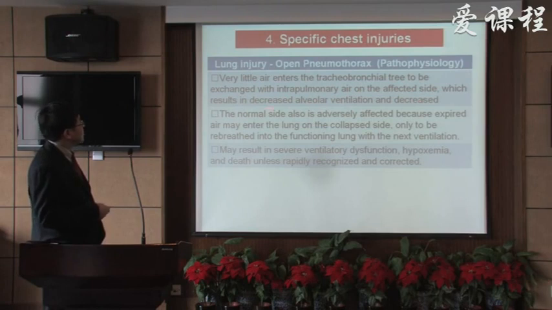The normal side is also adversely affected, because expired air may enter the lung on the collapsed side, only to be rebreathed into the functional lung with the next ventilation. This can result in severe ventilation dysfunction, hypoxemia, and death, unless rapidly recognized and corrected.